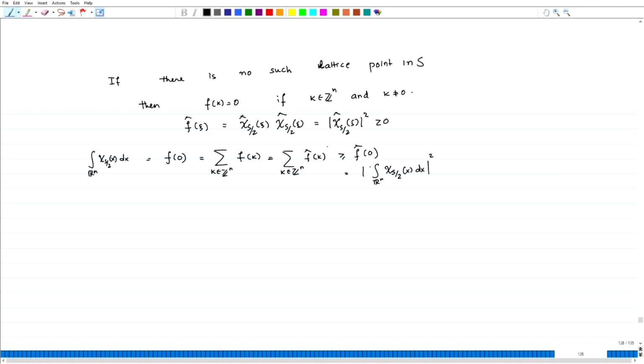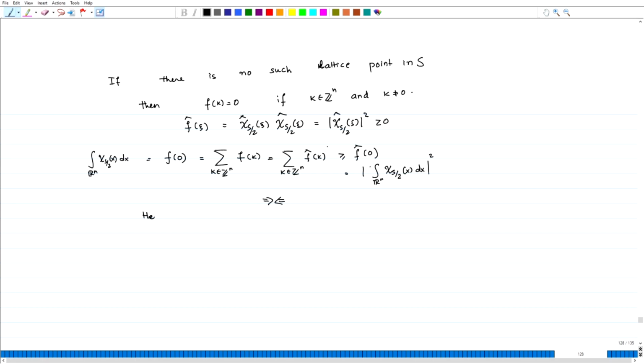Therefore, the volume of S by 2 is definitely going to be greater than 1, and now this is a contradiction, because the left hand side is saying that the volume of S by 2 is strictly less than 1. So, that is a contradiction.